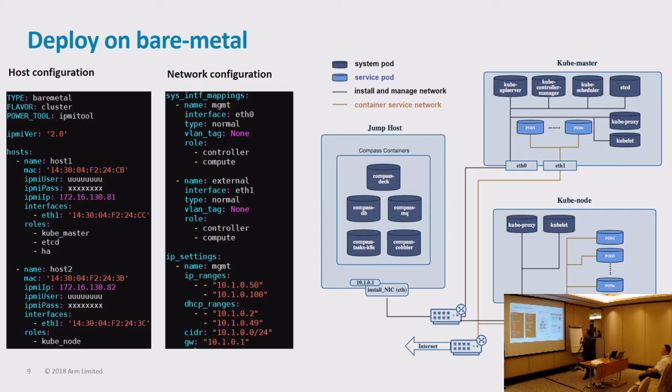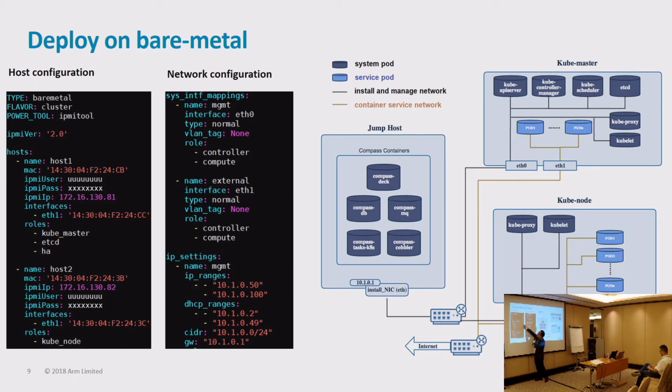Now I give a brief intro of how to deploy on bare metal servers. There are two configuration files that you need to configure before deployment. The first is the host configuration, which lists the host information.